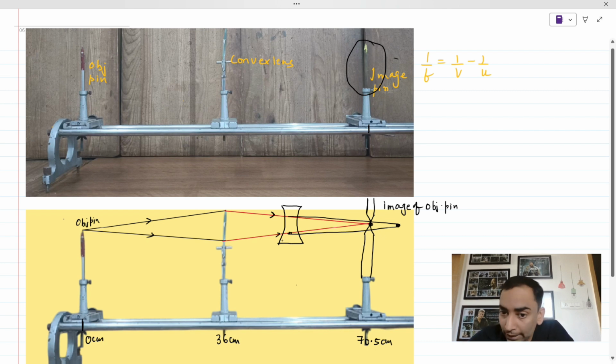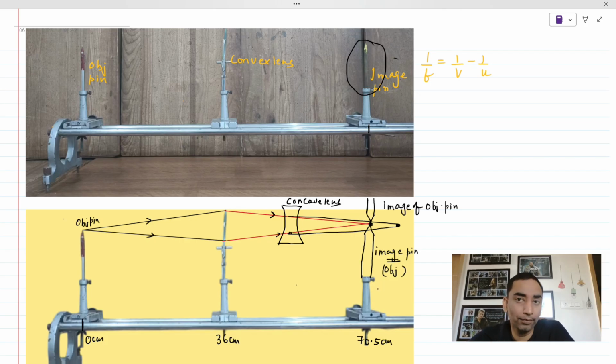Now in this case, what is the object for the concave lens? For the concave lens, these two incident rays, the red color incident rays, appear to be coming from this image pin. So this image pin behaves like an object for the concave lens.